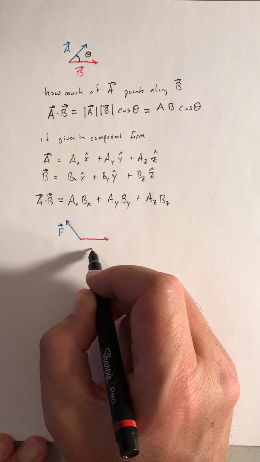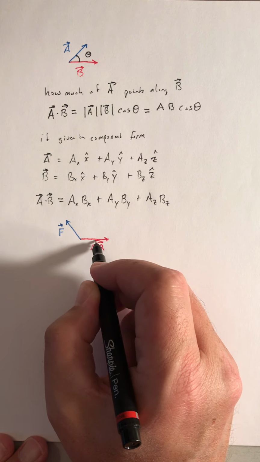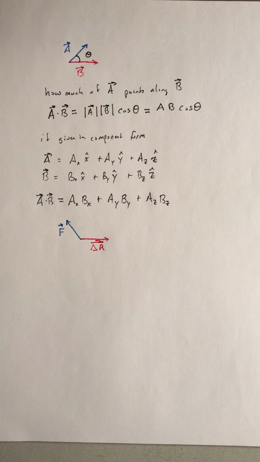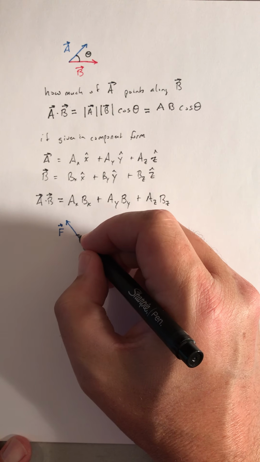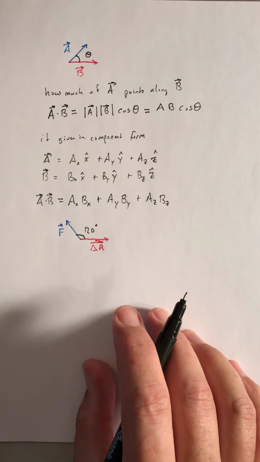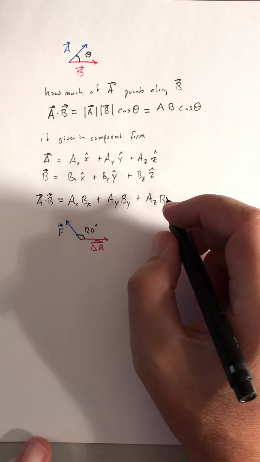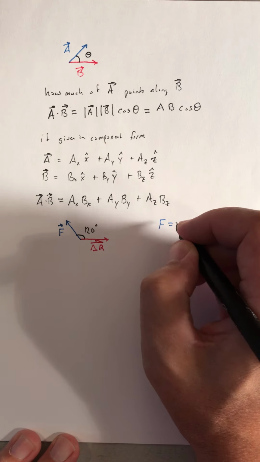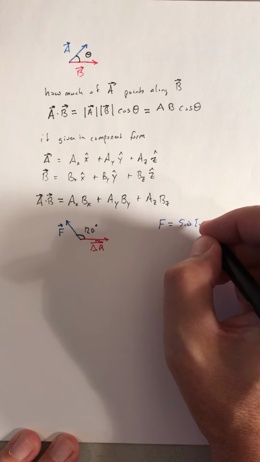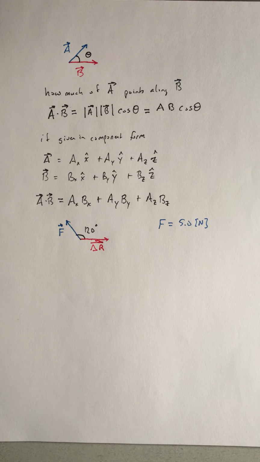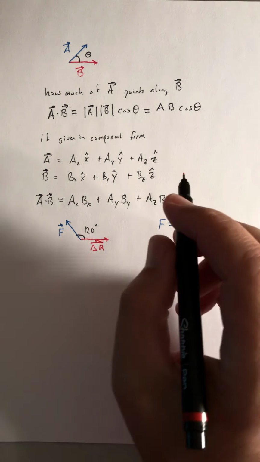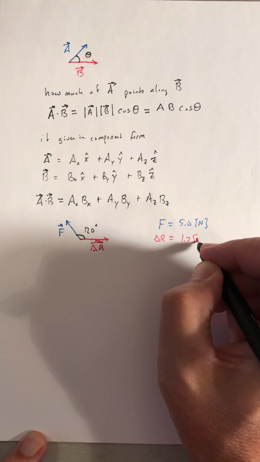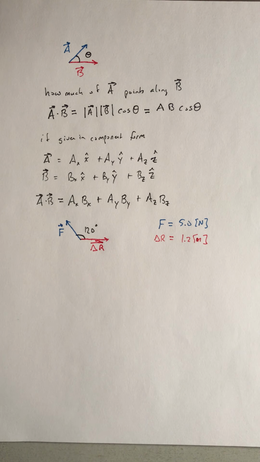So I have some object that actually goes through the displacement delta r, but simultaneously there's a force acting on it, and we are given that the angle is 120 degrees, and the magnitude of the force is 5 newtons, our displacement is 1.2 meters, sorry, in magnitude.